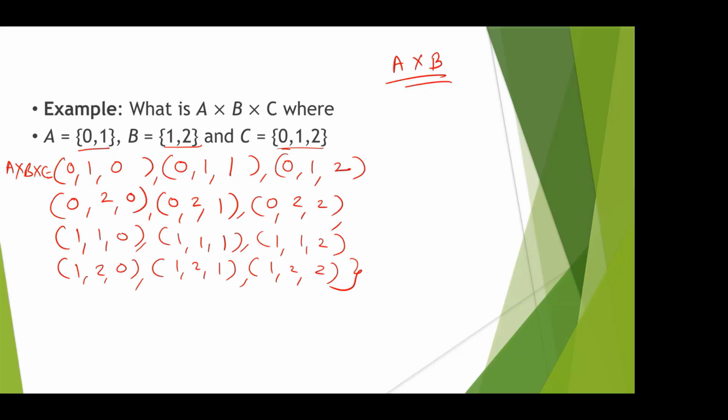So 0, 1, and all possible combinations: 0, 1, 0, 0, 1, 1, 0, 1, 2. Then the second element with all possible combinations of C: 0, 2, 0, 0, 2, 1, 0, 2, 2, and so on. You can take it in different ways. The order will differ, but you will get the same elements.